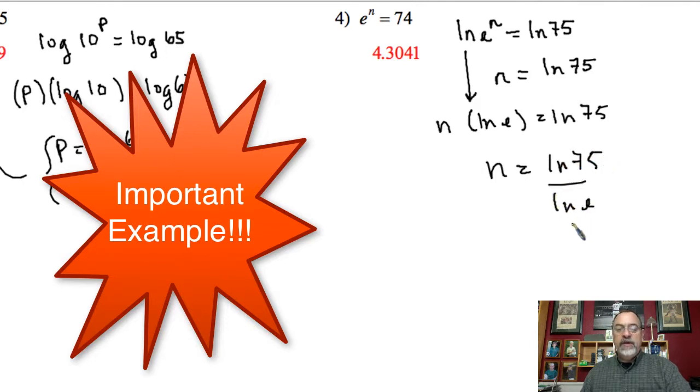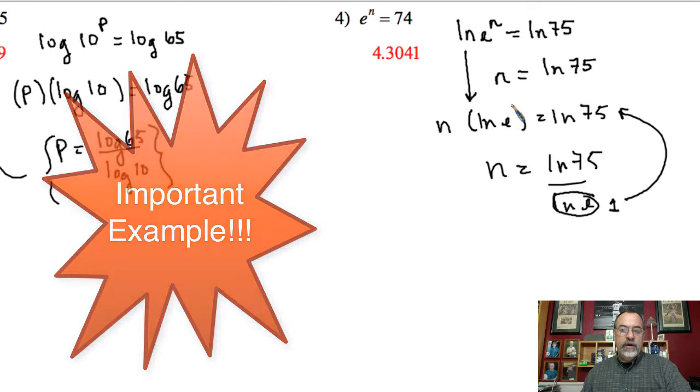But the natural log of e to what power will give me e? Well, e to the first power. This simplifies to a 1, which ends up being this. So you can take this little shortcut by realizing that when you take the natural log of e to a power, it's going to simplify to the power. That's that property. Or if you take the long way around, you'll end up in the same place, but that's a little shortcut you might want to be aware of.